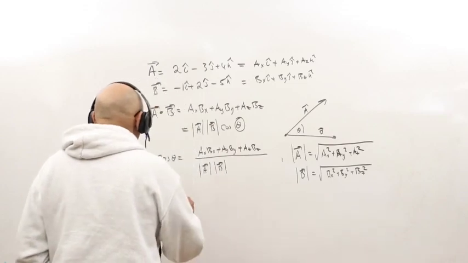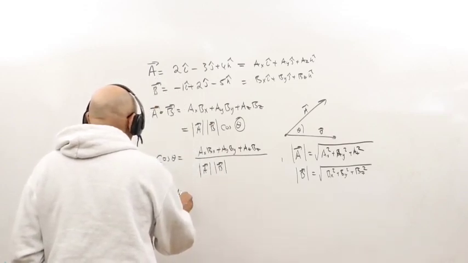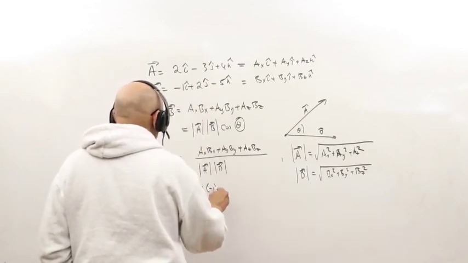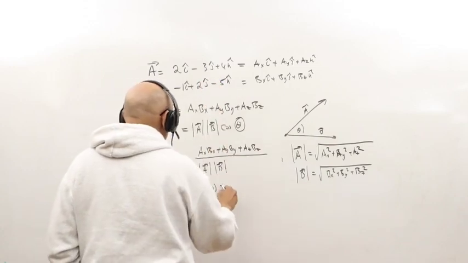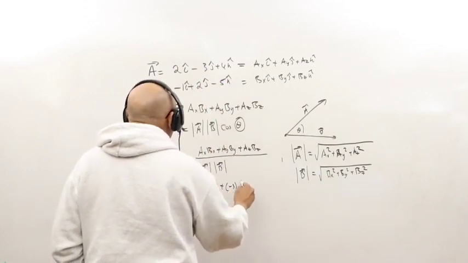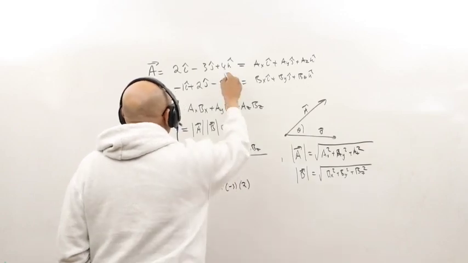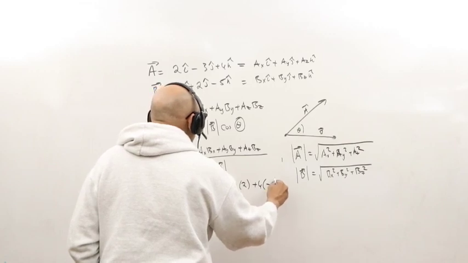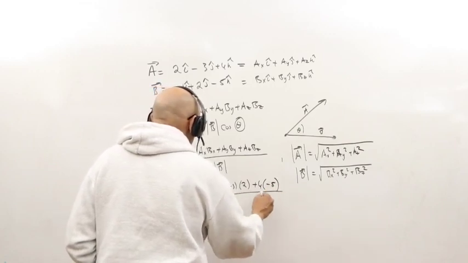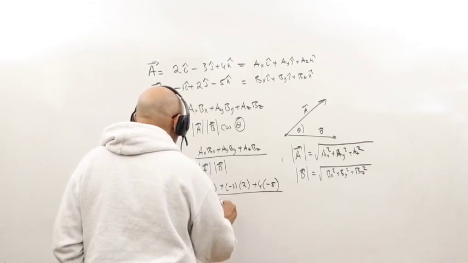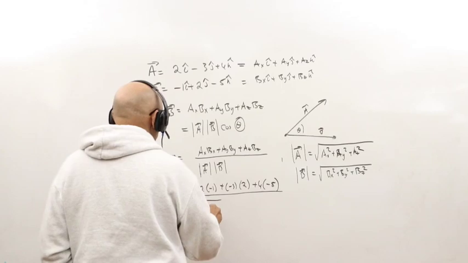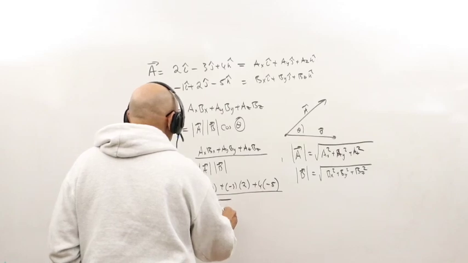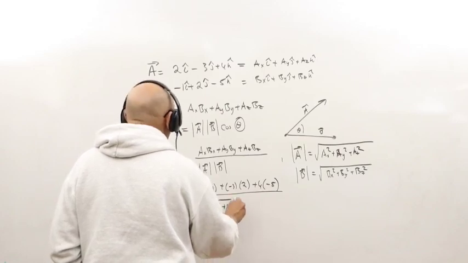Okay, so cosine of theta is 2 times minus 1 plus negative 3 times 2 plus 4 times negative 5, all divided by the magnitude of A vector, which in this case happens to be the square root of 2 squared plus 3 squared plus 4 squared.